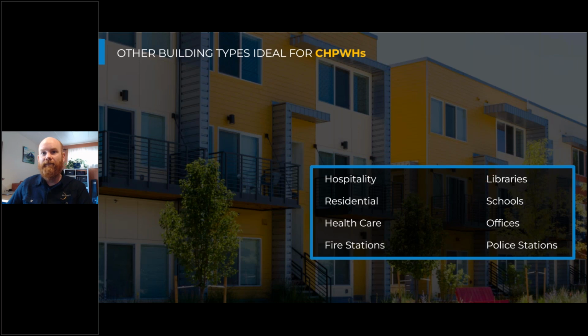The building types on the right-hand side of the screen, libraries, schools, offices, and police stations, are also really great applications for domestic heat pump water heating equipment. But we typically have a little bit less water usage in this type of building because they're either not 24/7 or they're not occupied every day of the year, or in an office, right?